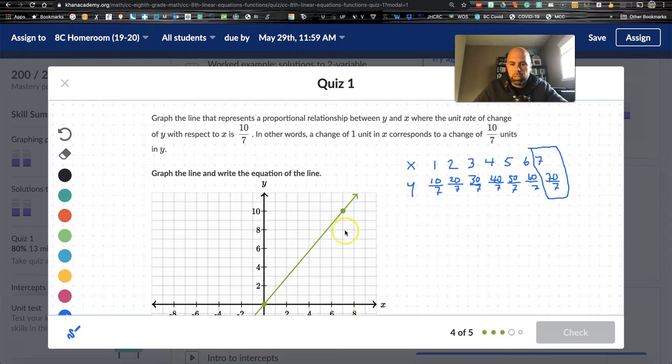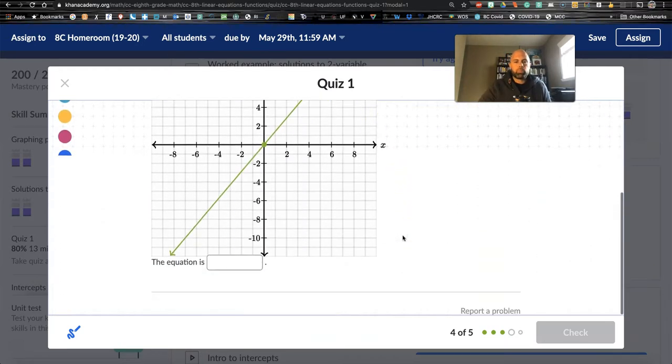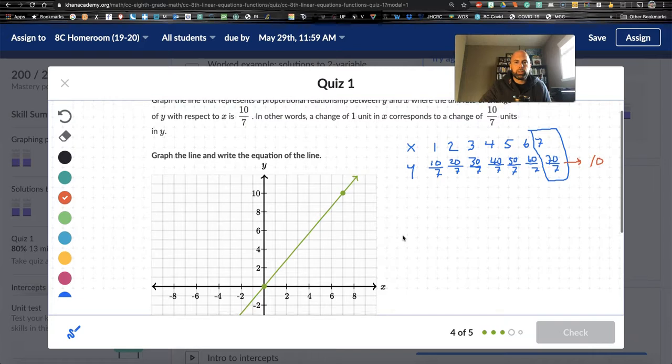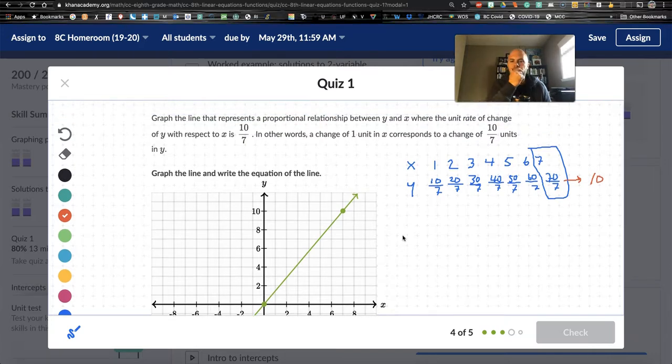So I've got x, 7, 10, y. See that? What I'm saying is 70 over 7 is the same as 10. So my graph is correct, I know that. The equation, I'm a little anxious about.